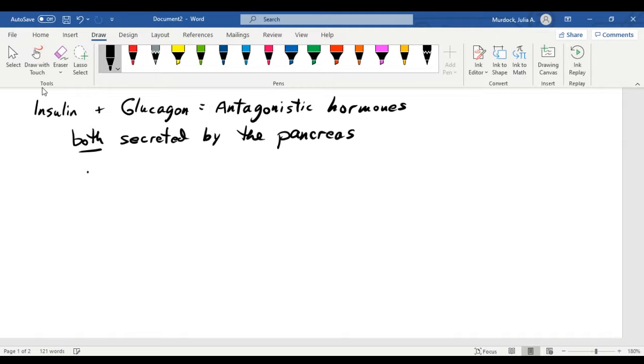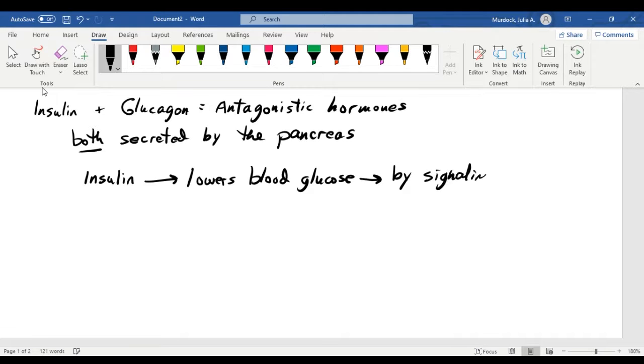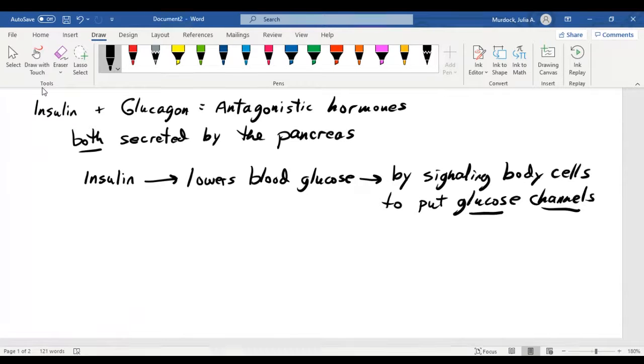Insulin lowers blood glucose. And the way it does this is by signaling body cells, right, in your muscles and your brain and other places, to put glucose channels, which are protein channels, right, that let glucose in, into their membranes.